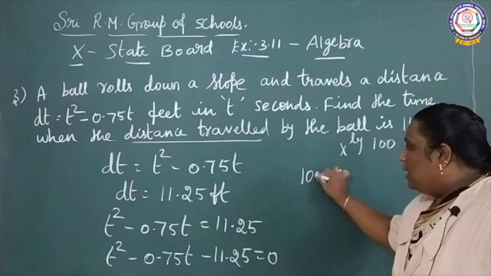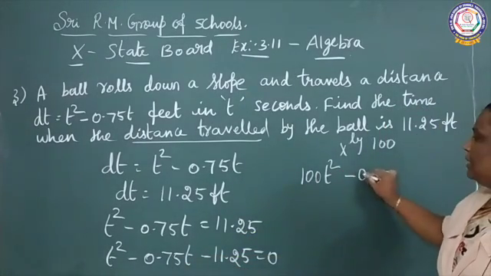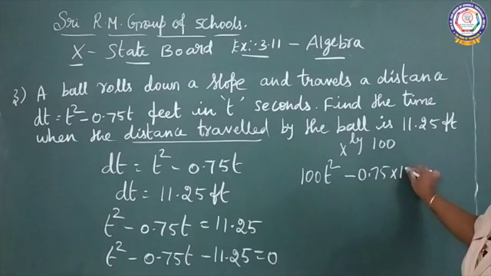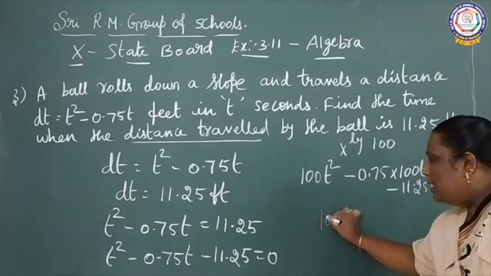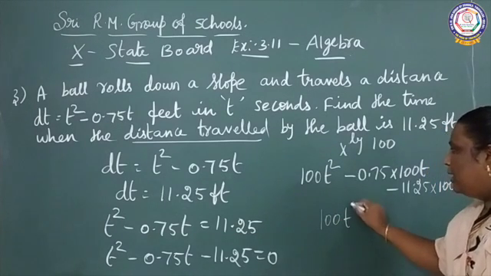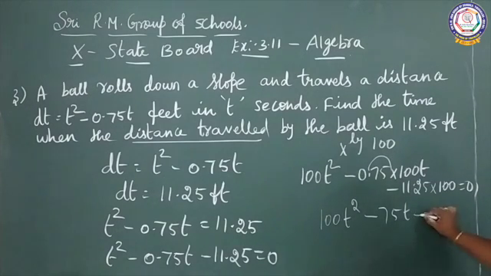100t square minus 0.75 into 100t, minus 11.25 into 100, equal to 0. So 100t square minus 75t, the decimal goes away, minus 1125, equal to 0.